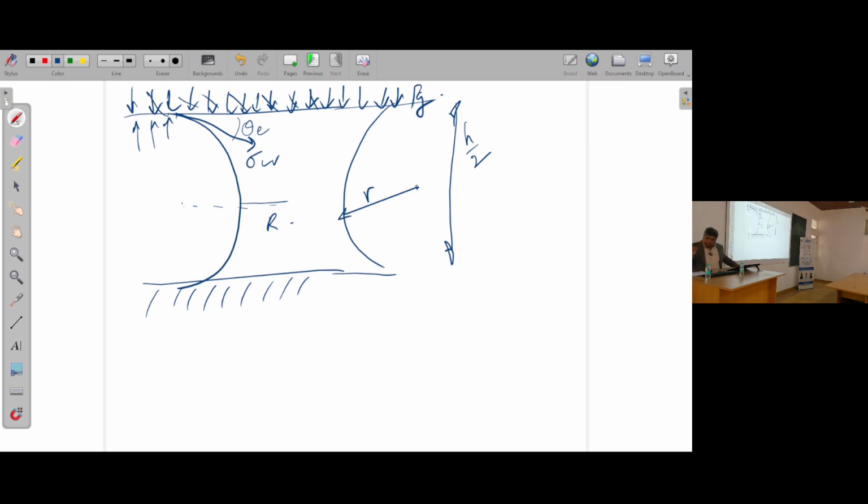So the first thing we can do is a force balance, a vertical force balance. And this is where your question about when we use sine theta comes into the picture. Here we are trying to pull the plates apart. We are not sliding them together, but pulling the plates apart.